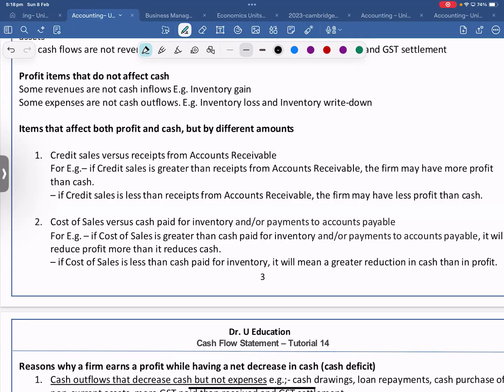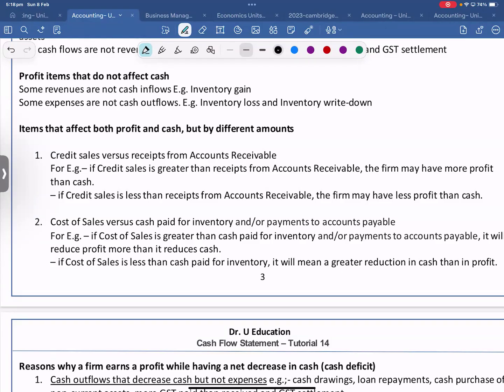So cost of sales is the item affecting the profit, and we are comparing it with cash paid for inventory plus cash paid to accounts payable, which are recorded in the cash flow statement.